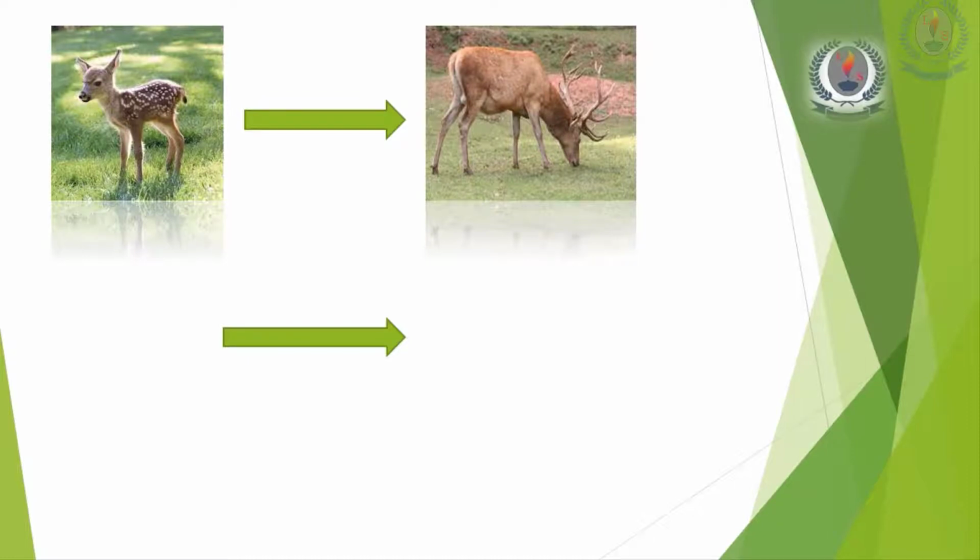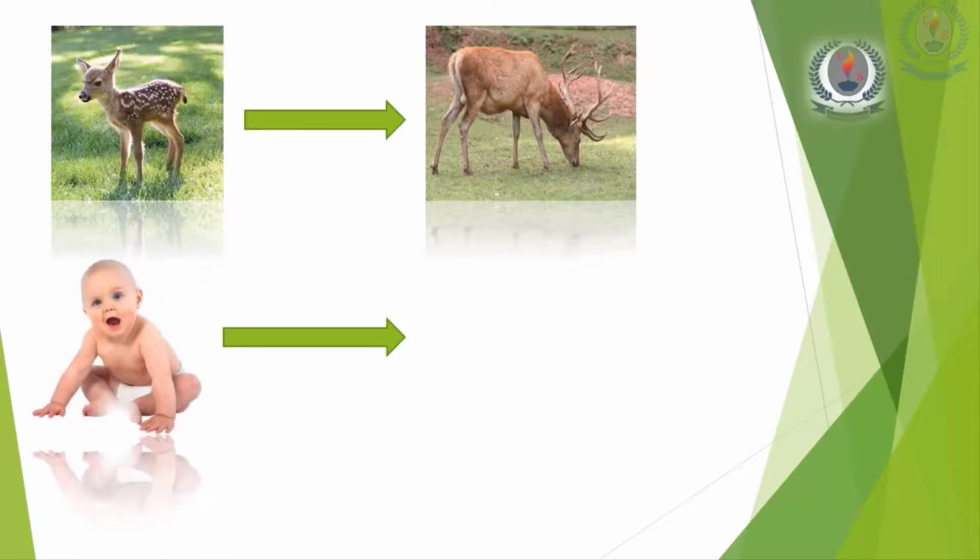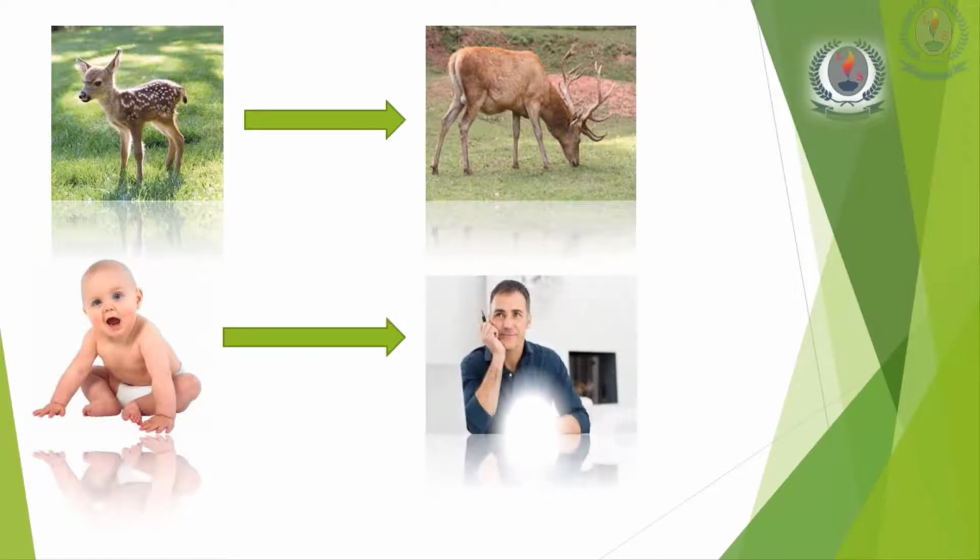In this picture you can see a baby. A baby becomes an adult. So animals and human beings also grow.